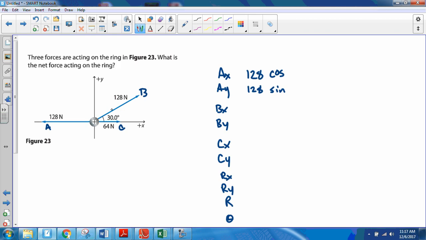BX is going to be 128 cosine, and BY is going to be 128 sine. CX is going to be 64 cosine, and the Y part is going to be 64 sine.